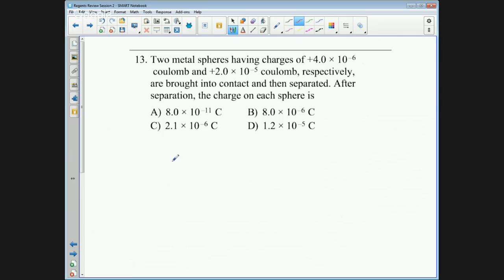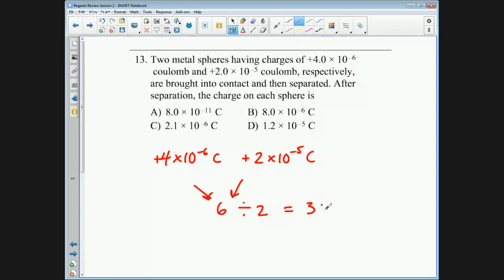So we need to figure out the average between 4 times 10 to the negative 6 coulombs and 2 times 10 to the negative 5 coulombs. Okay, these are both positive. So 4 plus 2 is 6. And then if you're going to divide that by 2, because it's 2 spheres, you get 3 times 10 to the negative 5.